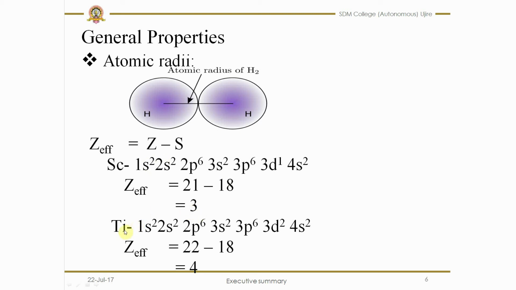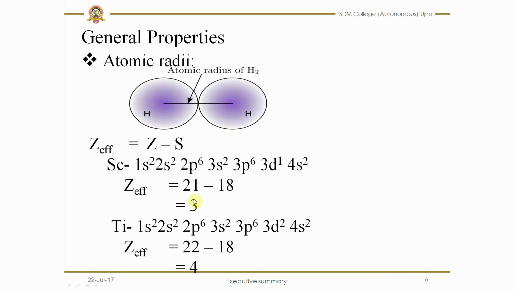Now consider the next element, that is titanium. The atomic number is 22 and the non-valence electrons remain the same because the one electron is added to the 3d orbital. Here the effective nuclear charge becomes equal to 4.